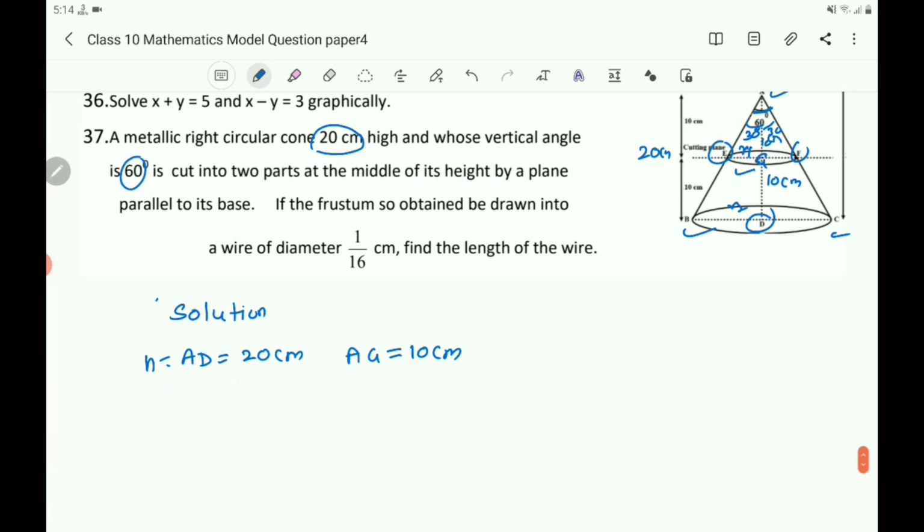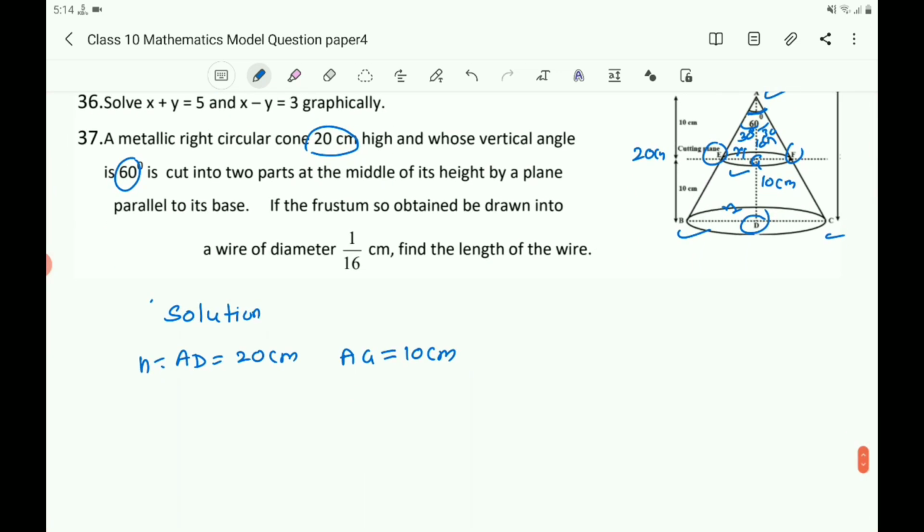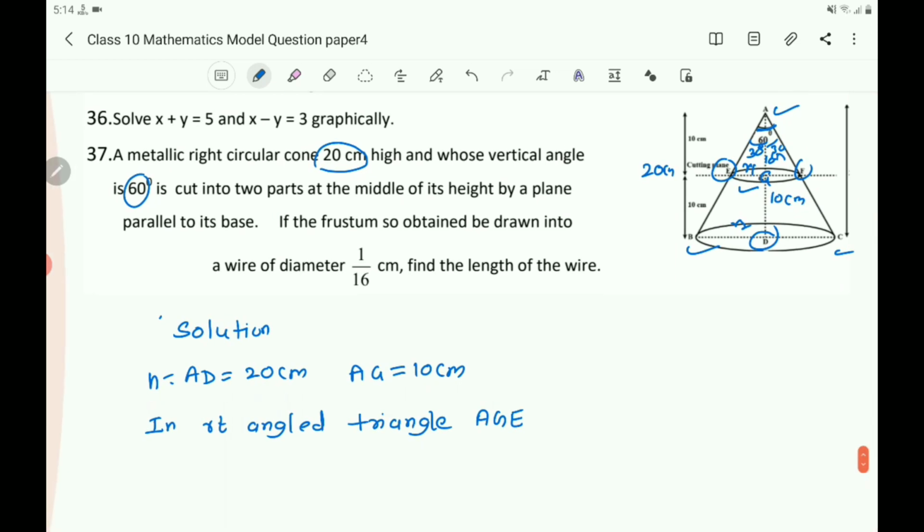Now you take the smaller triangle. In the right angle triangle AGE, let us take angle AEG. Angle AEG equals 60 by 2, that equals 30 degree.